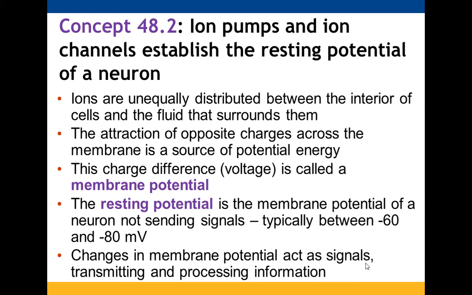When a neuron is not sending any signals, it is at its resting potential. Inside the cell, it typically is between -60 and -80 millivolts. And changes in this membrane potential can act as signals and at times cause the neuron to become activated to transmit and process information.